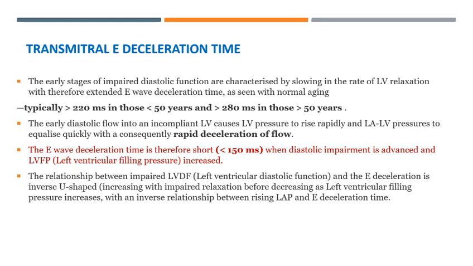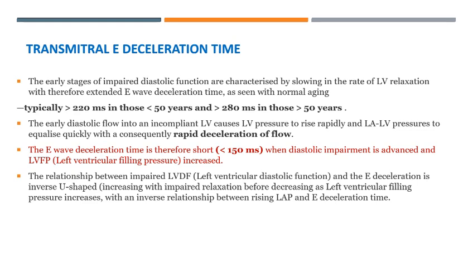The early diastolic flow into an incompliant left ventricle causes left ventricular pressure to rise rapidly and left atrial and left ventricular pressures to equalize quickly with a consequently rapid deceleration of flow. The E-wave deceleration time is therefore short, less than 150 milliseconds, when diastolic impairment is advanced and left ventricular filling pressure increased.